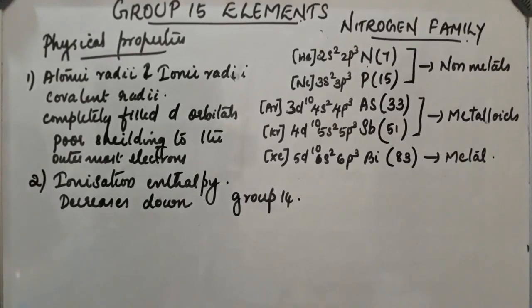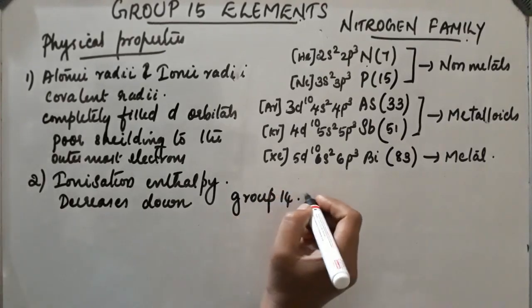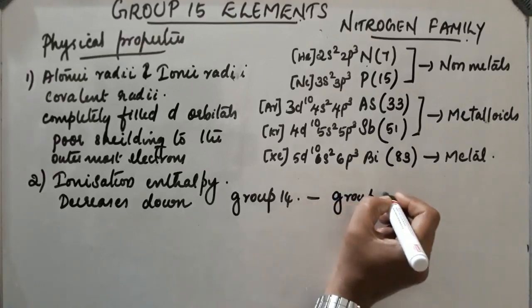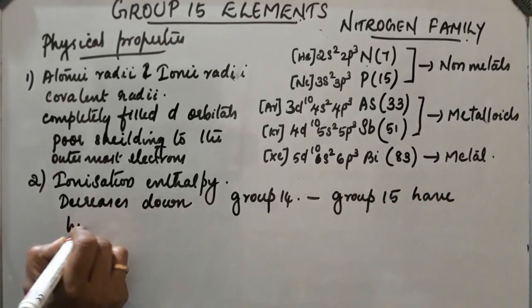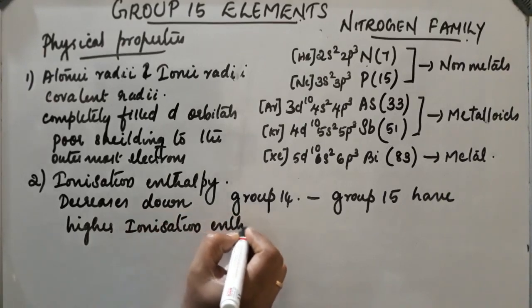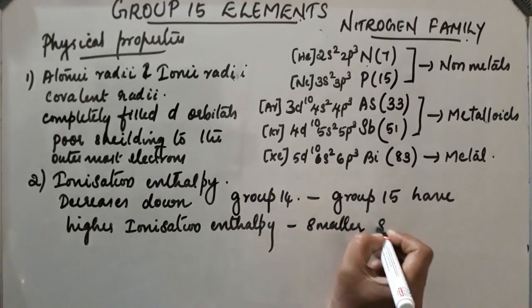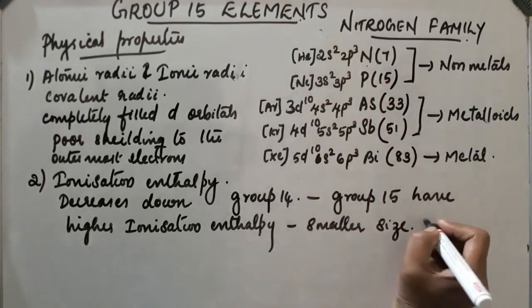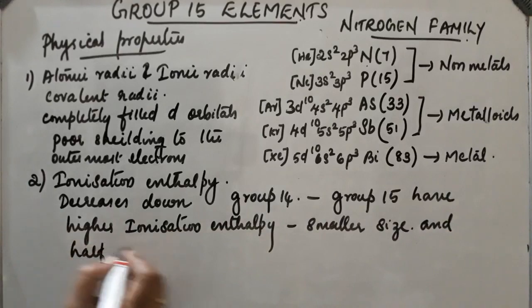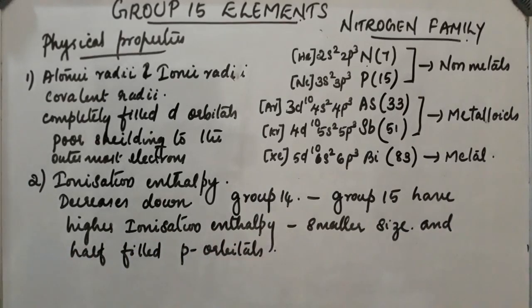Due to the small size and stable half-filled p orbitals, compared to group 14, group 15 has much higher ionization enthalpy.